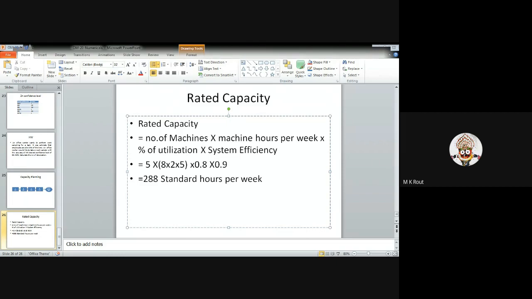Just note down, in a machining center, 7 days in a week, 3 shifts in a day, and each shift of 8 hours duration.